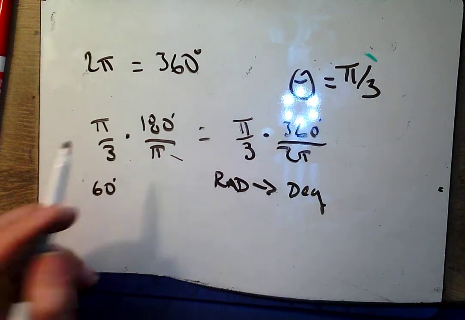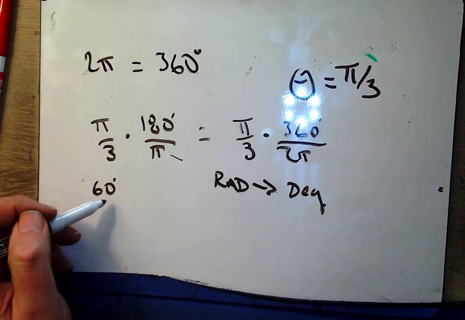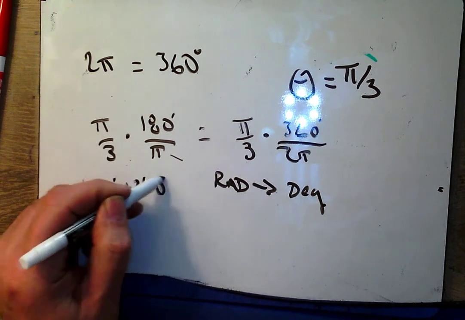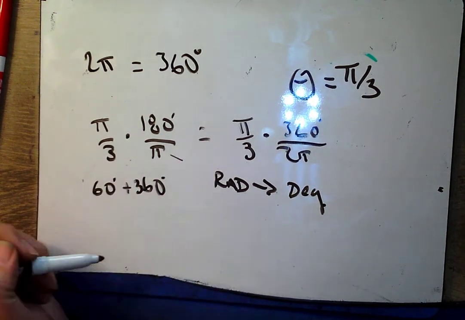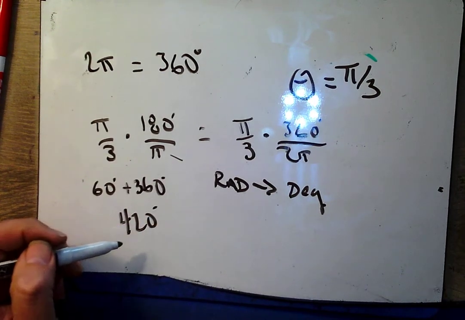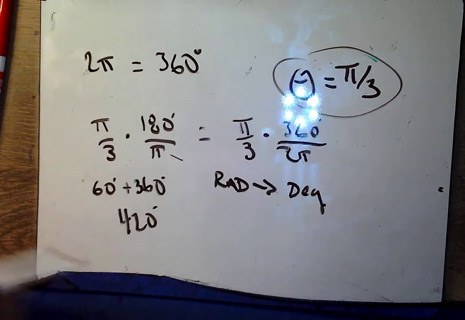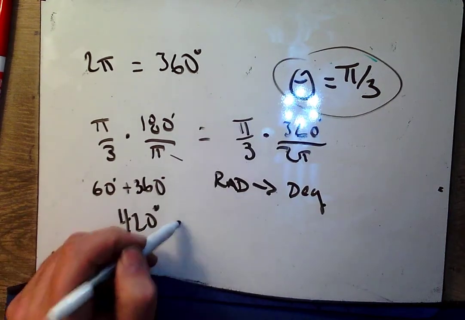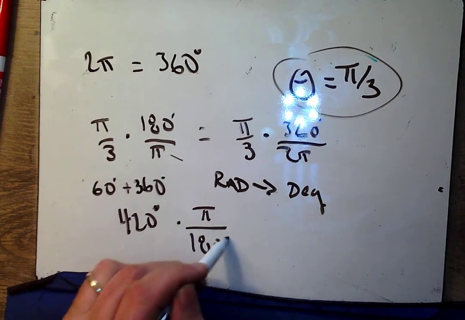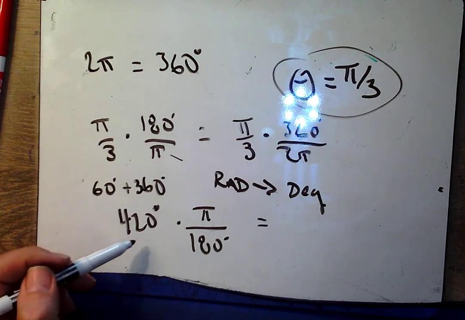Great. So now, okay, I've gone from radians, I'm now in degrees, and I have to add once around. So I'm going to add 360, because there are 360 degrees in once around the circle. So now that gives me 420 degrees. Oh, but wait, that's in degrees, and I was given radians, and now I have to convert back. So I'm going to convert by multiplying by pi over 180. Okay, so what happens then?